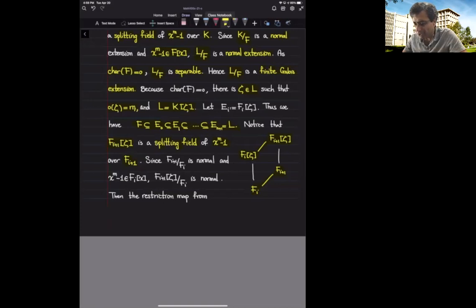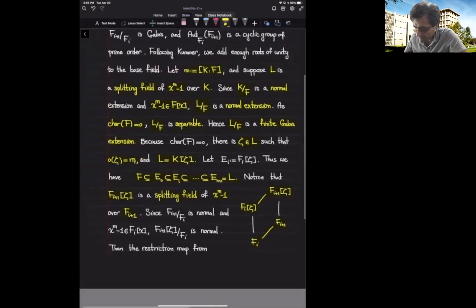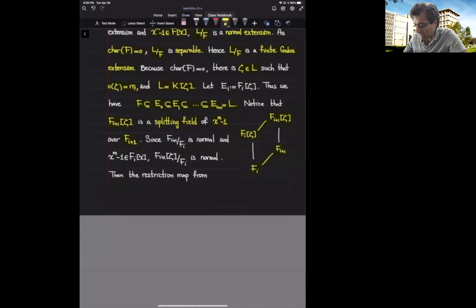By a similar argument as we had up here, x to the m minus 1 belongs to this base field, and F sub i plus 1 over F sub i is a normal extension, a Galois extension. Now I'm looking at the splitting field of some polynomial in the base. Therefore, the splitting field would be a normal extension of the base.